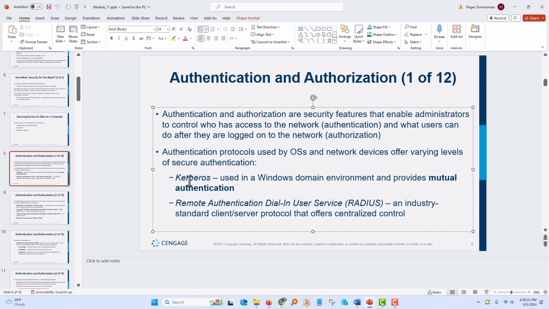Now, by default, Windows uses an authentication system called Kerberos. Kerberos is kind of a detailed, involved system that involves not only logging onto the system, but then a login ticketing system for the resources themselves.